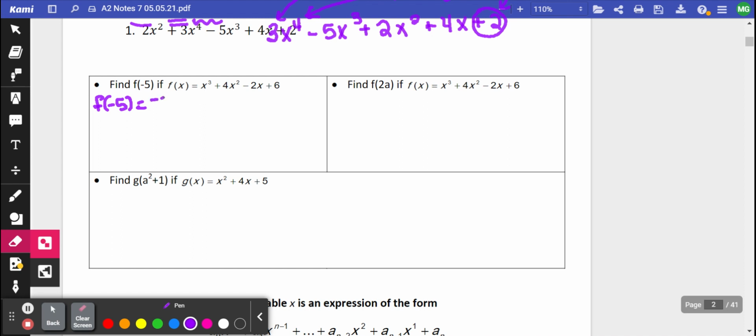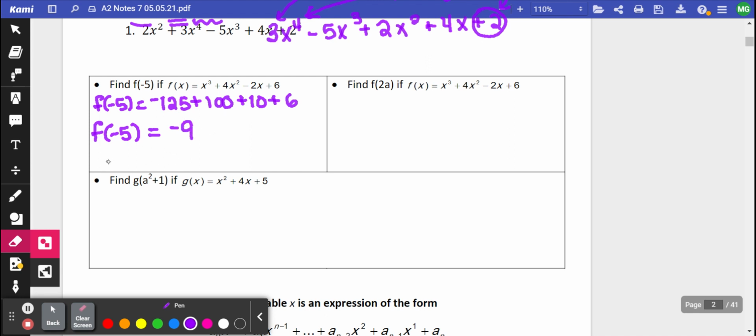That's one you should know, negative 125, plus negative 5 squared is 25, plus 4 is 100, minus 2 times negative 5 gives us plus 10. And then, of course, plus 6. And we see what that all shakes out to be. When you calculate everything out, you should get that f of negative 5 equals negative 9.